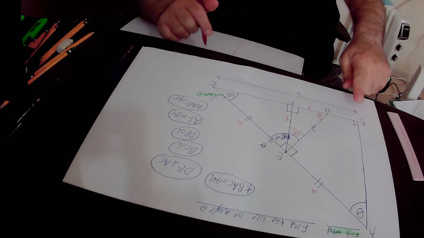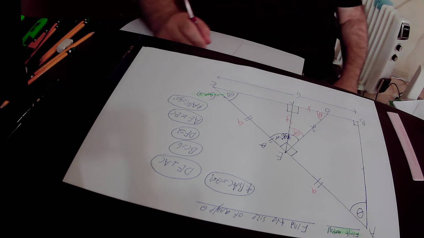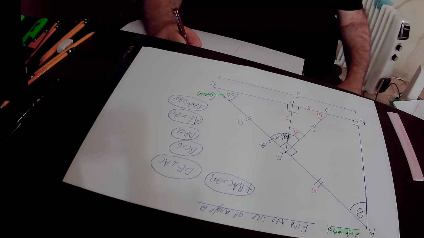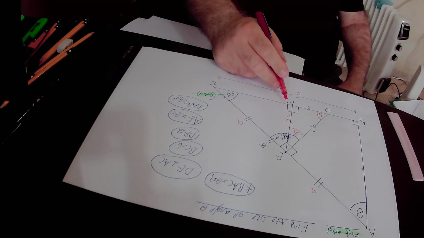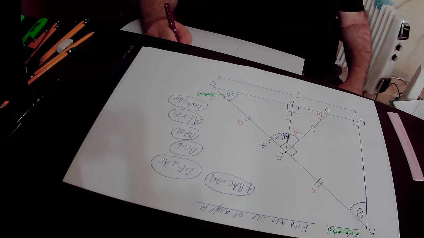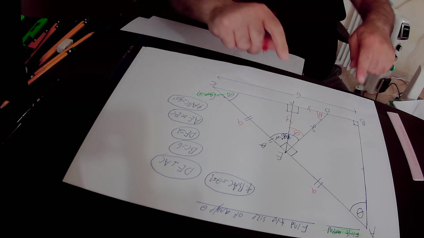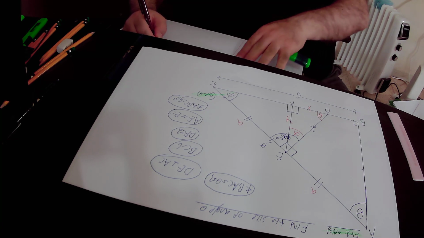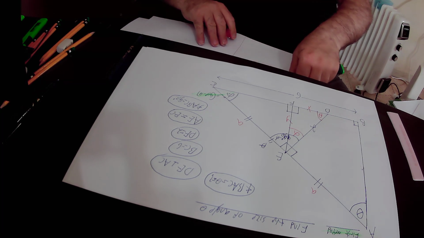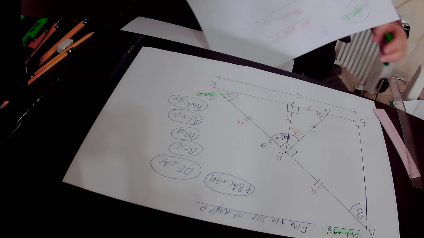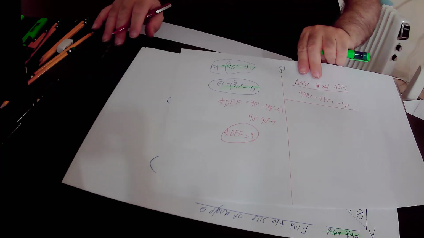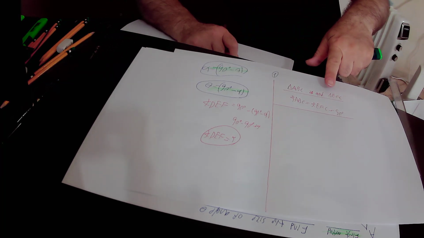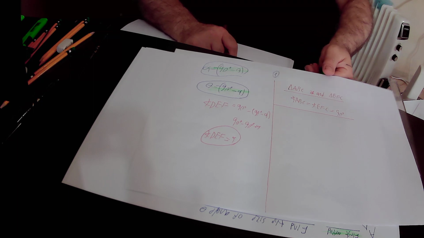So angle ABC, this angle, is equal to this angle that is actually angle EFC, and both angles are equal to 90 degrees. So angle ABC equals angle EFC equals 90 degrees.